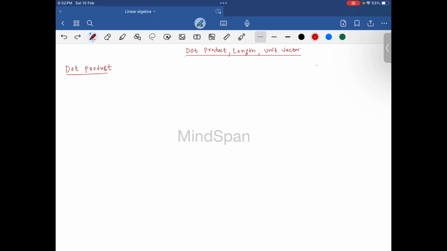Let me start with two-dimensional vectors, and let's look at how we can do the dot product. Suppose we have a vector v with components v1 and v2, and another vector w with components w1 and w2.